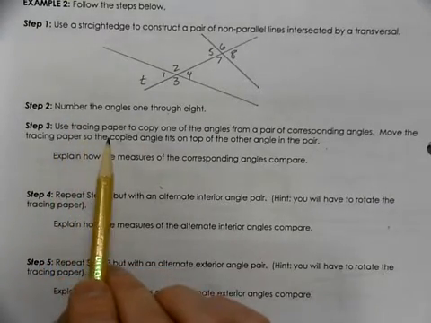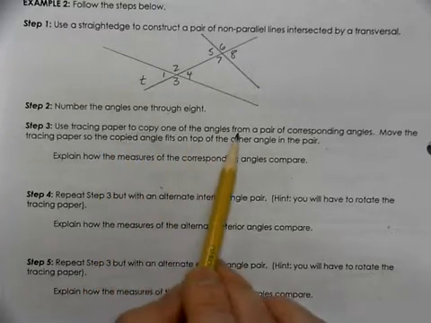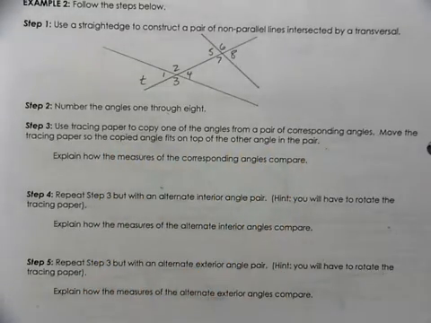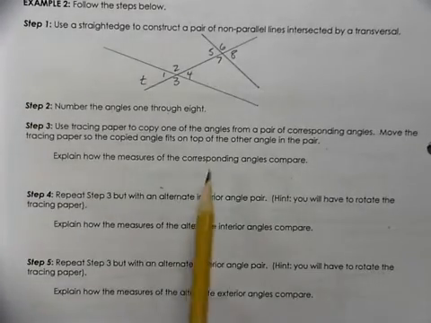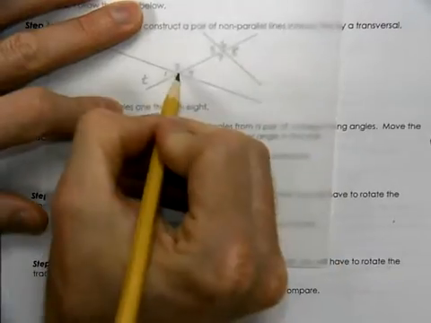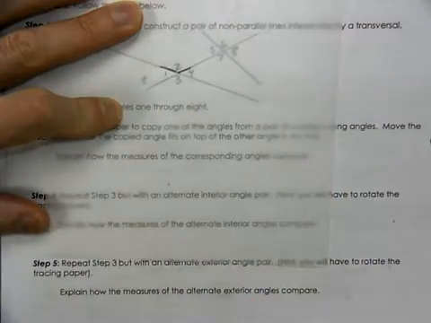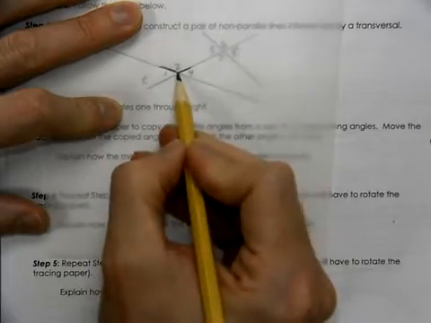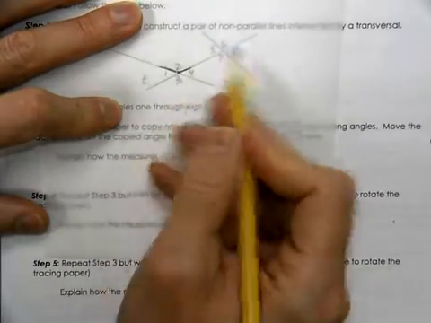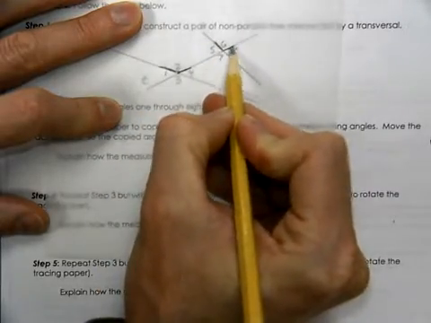Okay, we're going to use a piece of tracing paper and copy the angles that are formed. If we're going to look at the corresponding angles, that would be angles on the same side of the transversal without the same vertex.